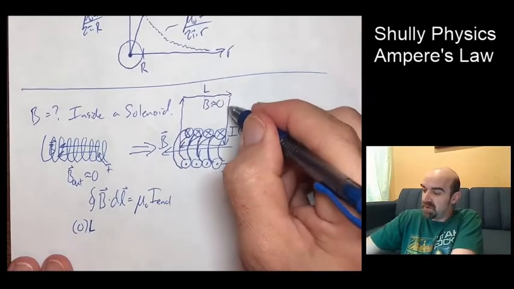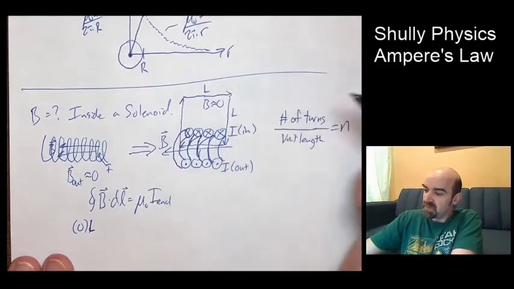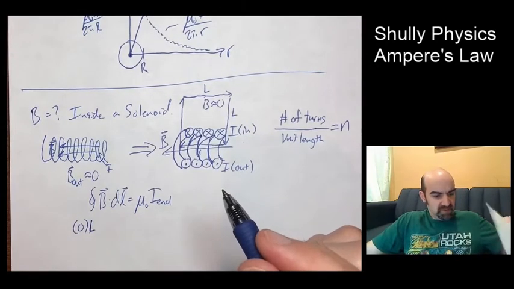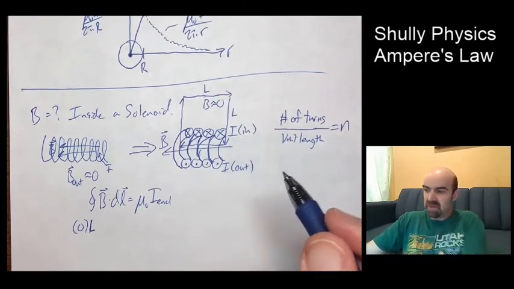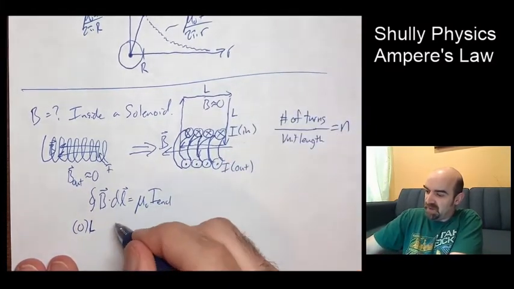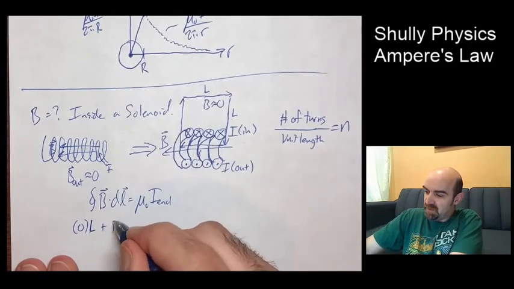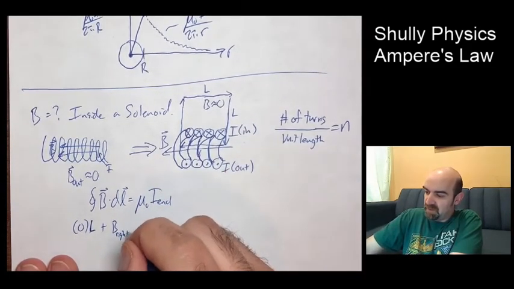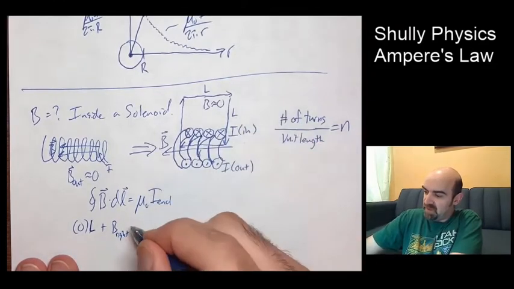Now as I go down, I might have whatever that magnetic field strength is over here on that, we'll call that the right side, times the length.